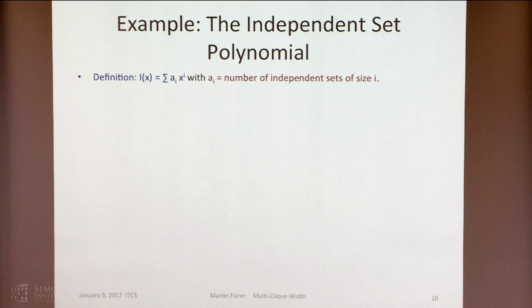And for that, in the proceedings, I look at 2 examples. Here, I'm just looking at one example, independent set polynomial. So it's just a problem that contains the problem of computing maximum independent sets.